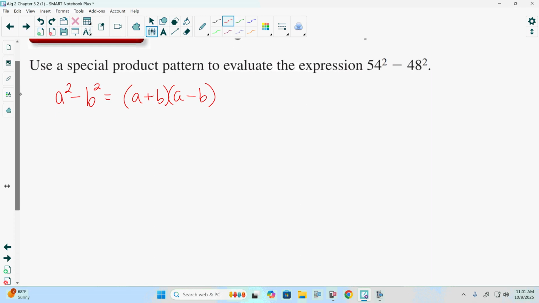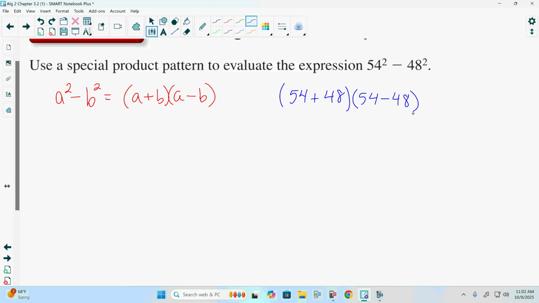So if I wanted to evaluate 54 squared minus 48 squared, what's a in this case? A would be 54, so we can evaluate this by saying 54 plus 48, multiplied by 54 minus 48. A plus b times a minus b, because a is 54, b is 48.